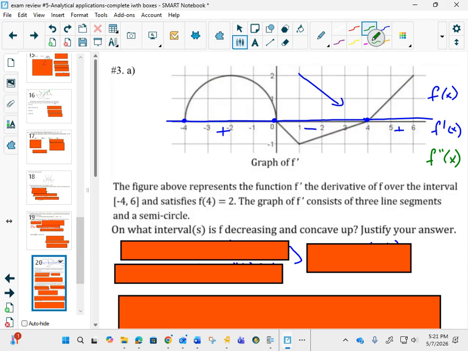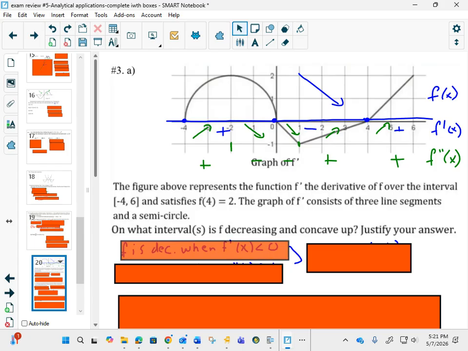Can you see that at -2, it's increasing and then decreasing, then at 1, it's increasing again, and then increasing again. So f double prime of x, I can tell, is positive here, negative here, negative here, positive here, positive there. So where is this decreasing and concave up? You're right, it's going to be from 1 to 4.